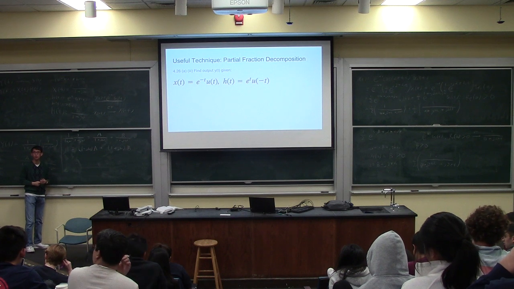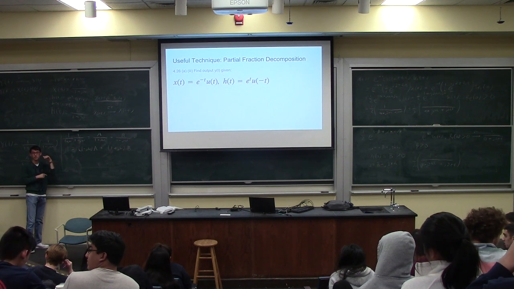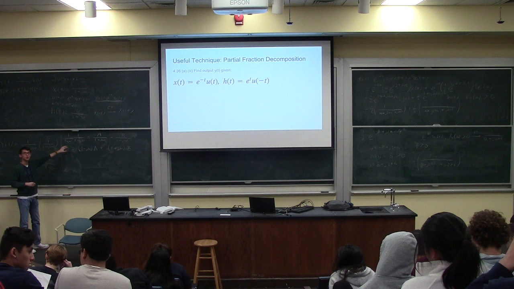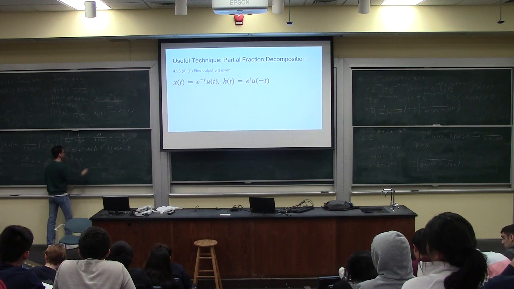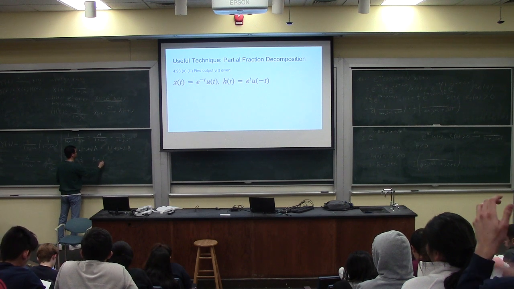What I'm going to do is post a very detailed explanation of how to do partial fractions. But if you solve this system, you'll get alpha equals 1/2, and beta is also equal to 1/2.